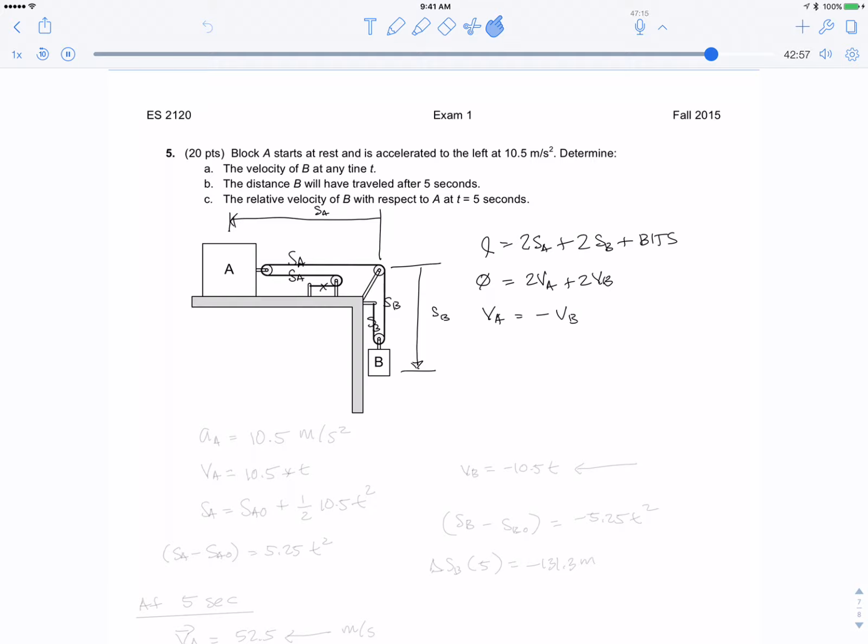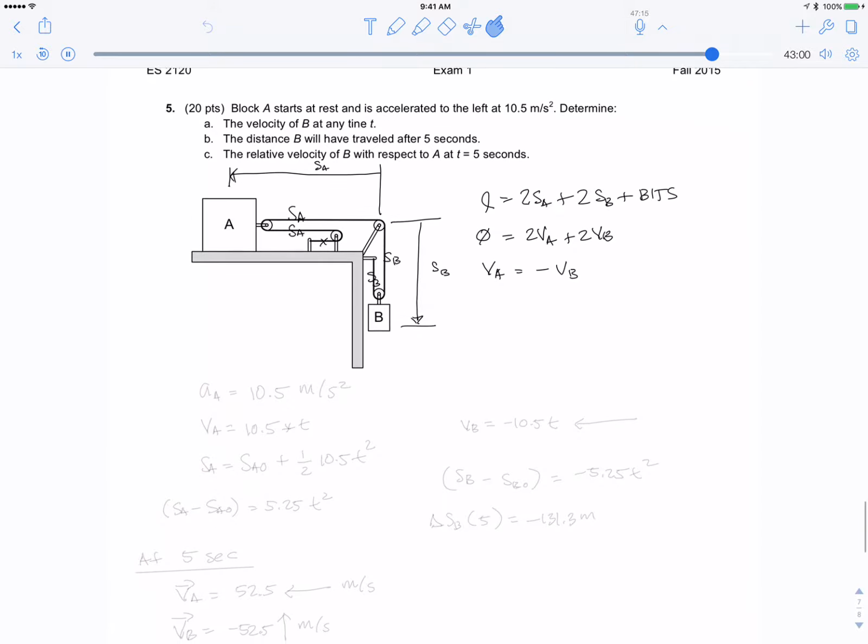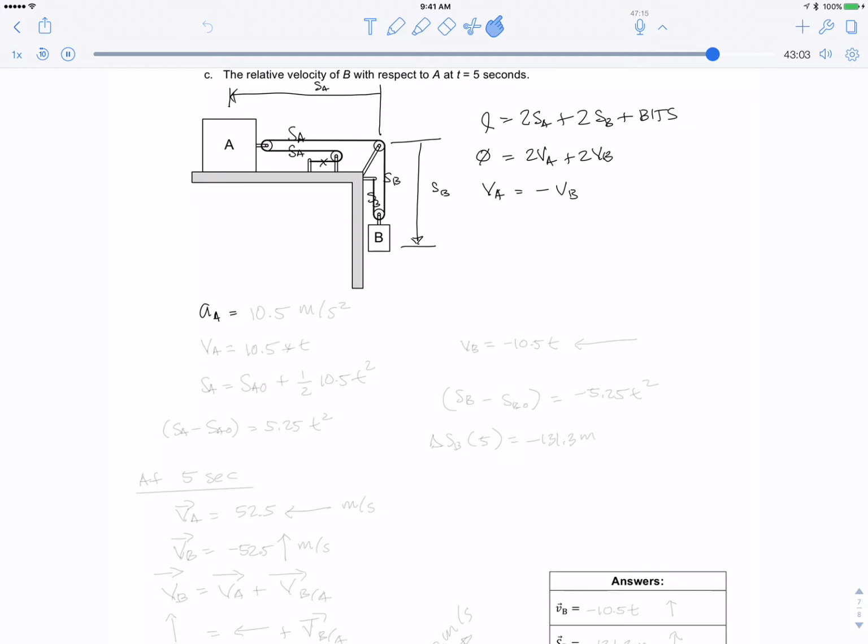Okay, so we're given that acceleration of A is 10.5 to the left, which I'm taking as positive, meters per second squared. And I'm assuming that's constant, so that makes VA equal to initial velocity. It says starts at rest, so it's 0. So it's just 10.5 times t.